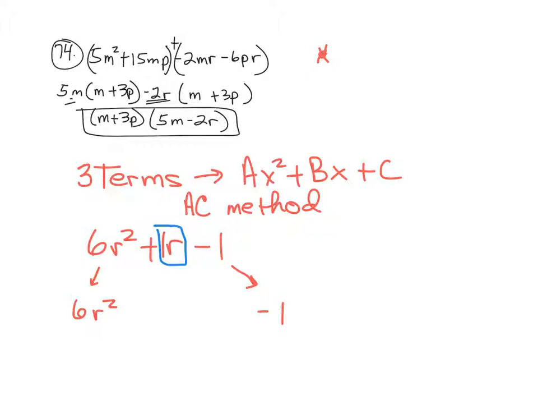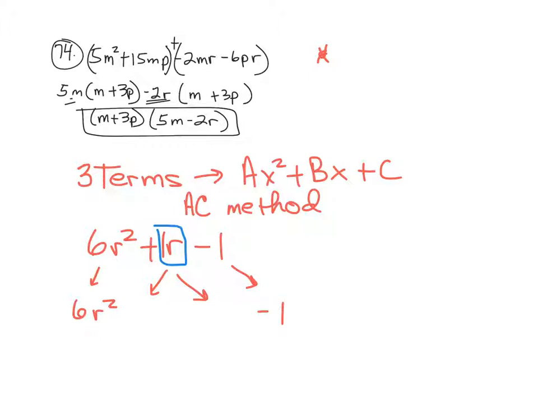So how do I know how to rewrite it? I'm going to bust this up into 2 different terms. Well, here's how I know. It's going to seem kind of weird at first.